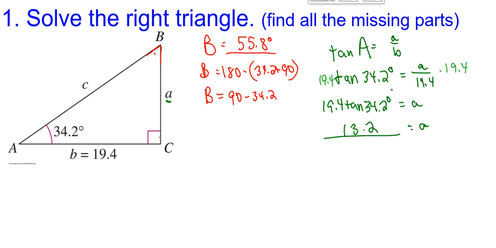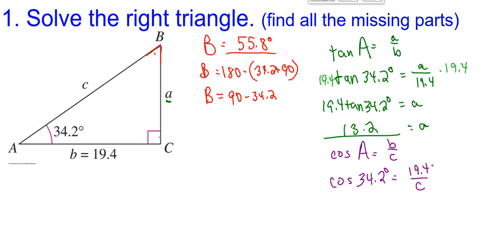So instead, I personally would just use cosine. I know that the cosine of capital A is equal to adjacent over hypotenuse, so b over c. So cosine 34.2 degrees equals 19.4 over c.